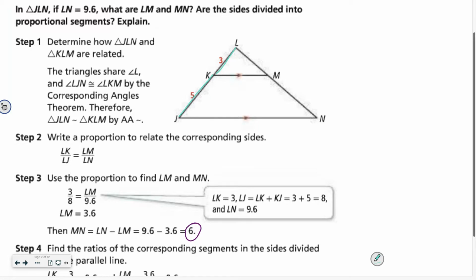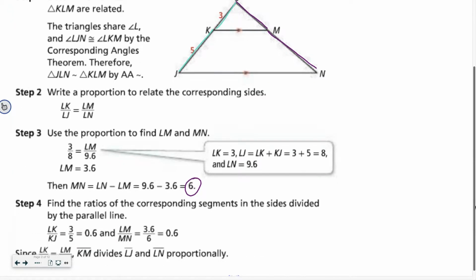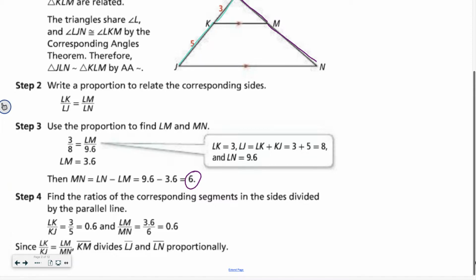And I want to know if that ratio, 3 over 5, equals the same as LM over MN. If it does, then I know that these are proportional. So LK equals 3, KJ equals 5. If I divide that, I get 0.6. And then if I have LM over MN, that's 3.6 divided by 6, which is 0.6.